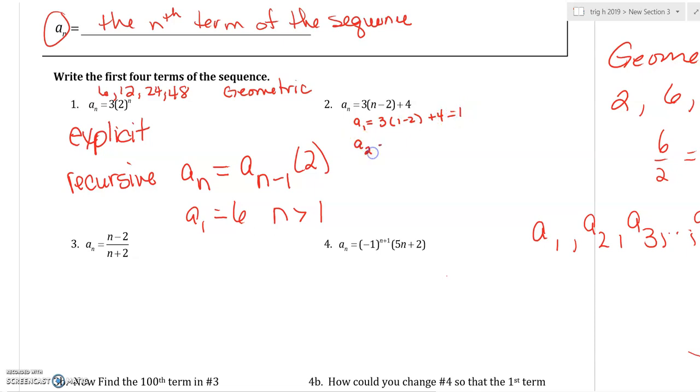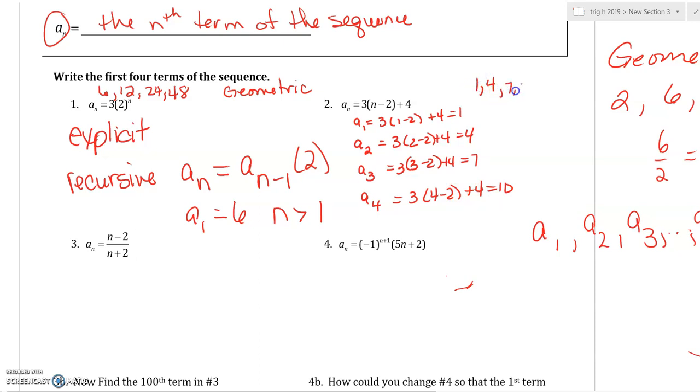If I let n be 2, the second term is 3 times 2 minus 2 plus 4, which is 4. The third term is 3 times 3 minus 2 plus 4, which is 7. And the fourth term is 3 times 4 minus 2 plus 4, which is 10. So my sequence is 1, 4, 7, 10. And we notice that that one's arithmetic with a common difference, D, of 3.